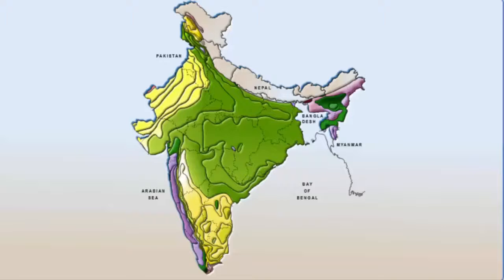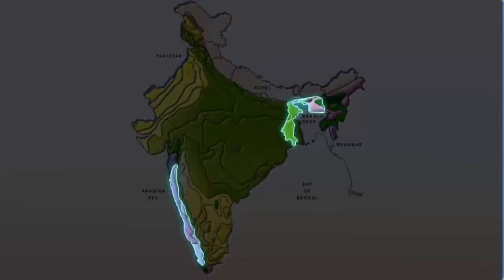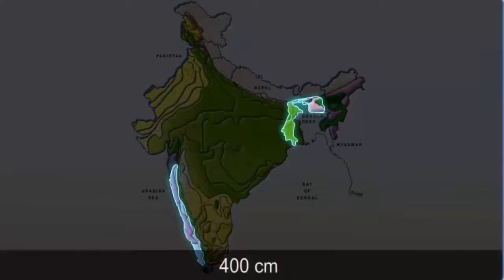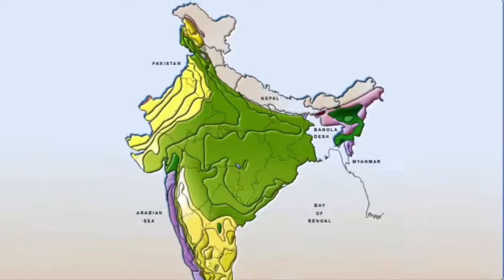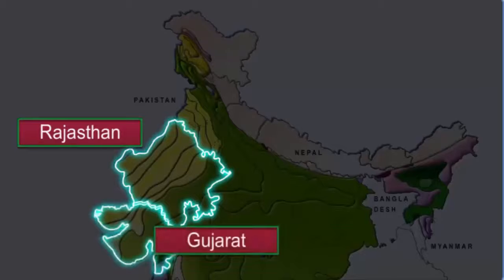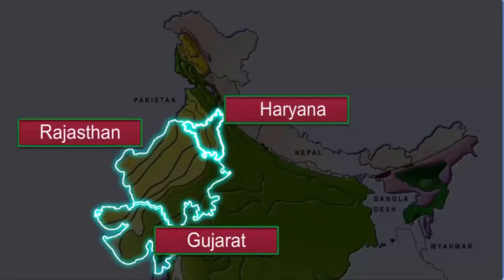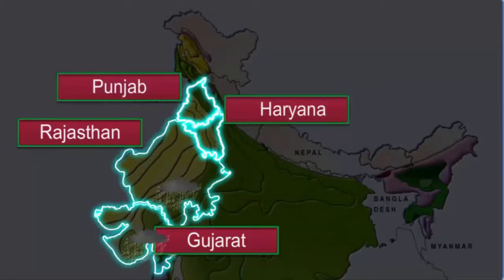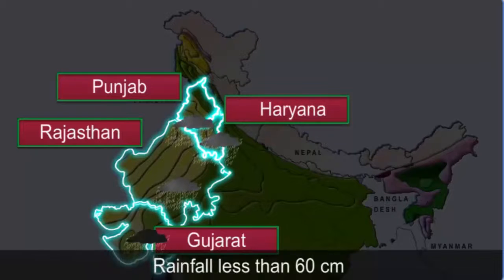Due to the unpredictable nature of the monsoon, the distribution of rainfall varies drastically from region to region. The western coast and northeastern India receive over about 400 centimeters of rainfall annually. Western Rajasthan and the adjoining parts of Gujarat, Haryana and Punjab receive rainfall of less than 60 centimeters.